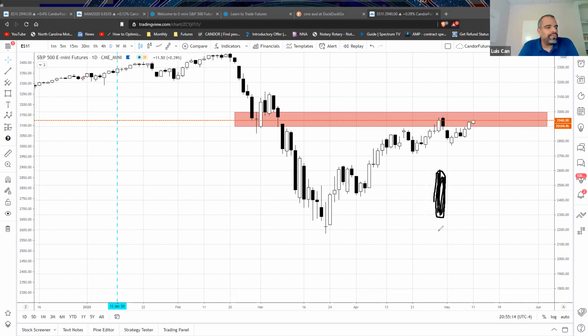And so price opens here and immediately price goes down until here. Then in this level, buyers come in and I'm going to paint it not white because you won't be able to see it. I'm going to paint it green.